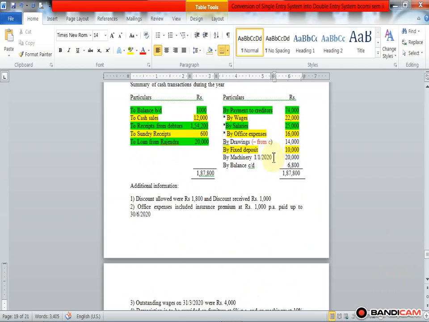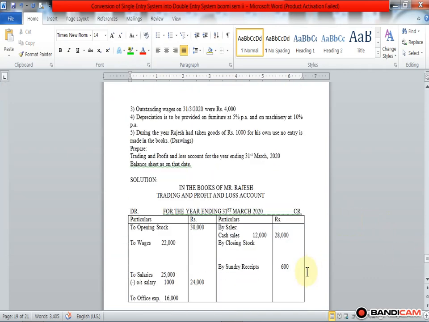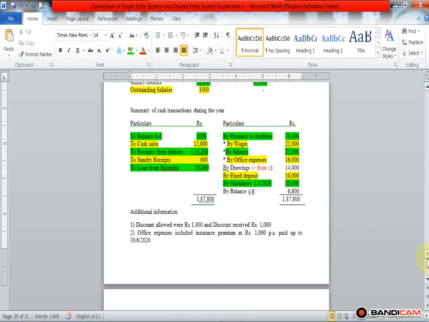Then machinery. Additional machinery was purchased on 1st January 2020. Okay, so it is added to our opening machinery, and it is written down in closing balance sheet, asset side.